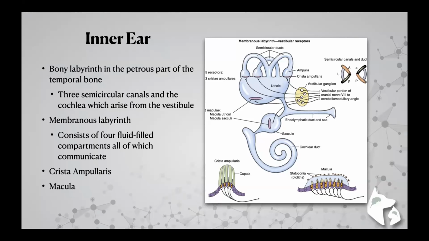The vast majority of them have what we call stereocilia, and then there's a single kinocilium. These are important because as the endolymph flows based on the movement of the head, that causes changes to the direction of these hair cells.